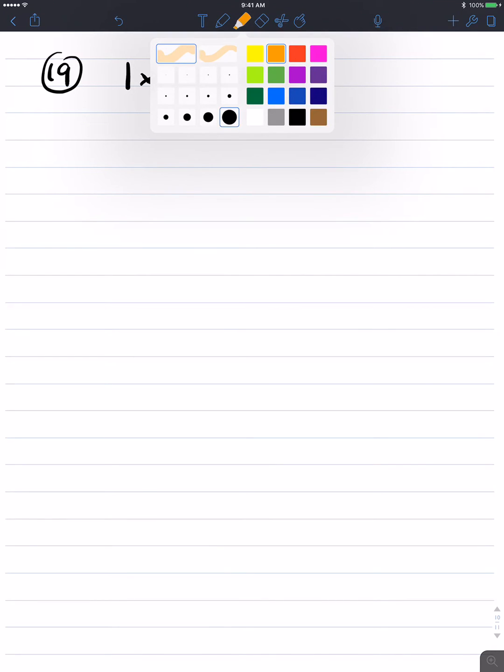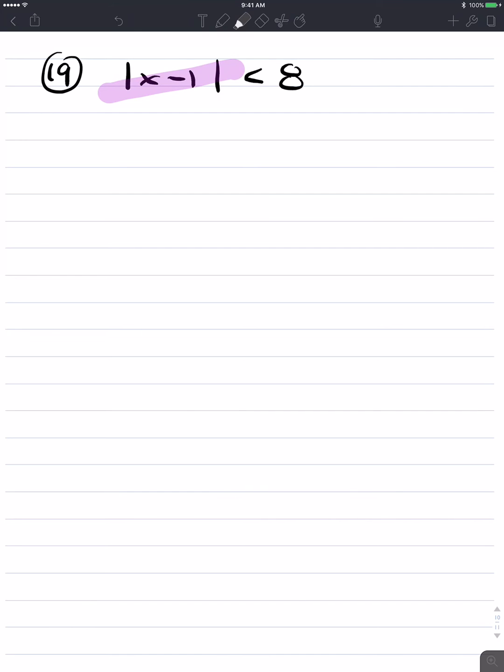Number 19. The absolute value of x minus 1 is less than 8. We're going to notice that we have the absolute value being less than. We're going to use the between situation.